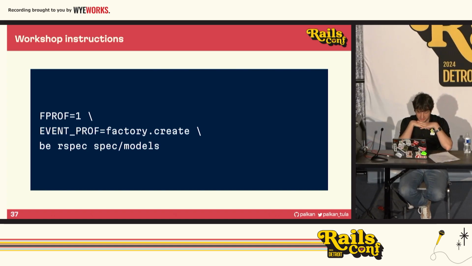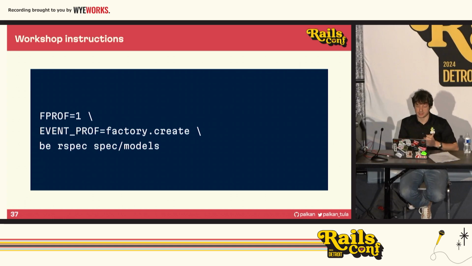Workshop instructions. So what we're gonna do, we're gonna use FactoryProf next. It's a specific profiler that shows you how frequently you use particular factories and how much time they occupy in the test suite, including self time and nested time, because you have associations and nested factories.